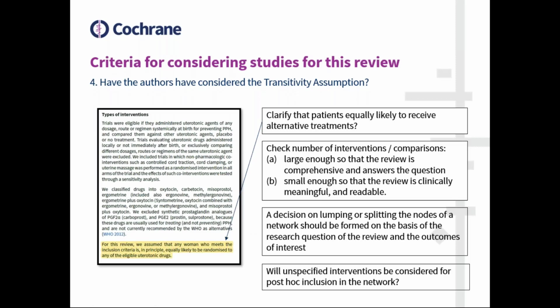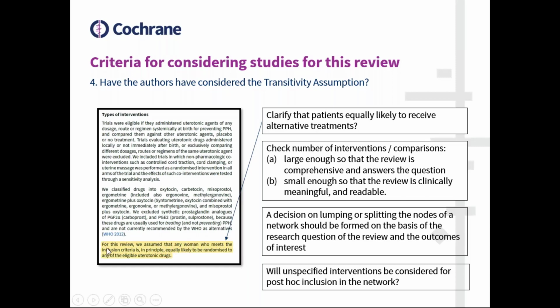So the next question is, have the authors considered the transitivity assumption? I've already briefly mentioned this on a previous slide. We look for this under the criteria for considering studies for this review. Under the types of interventions and types of participants, it's important that the authors have given the transitivity assumption some thought.